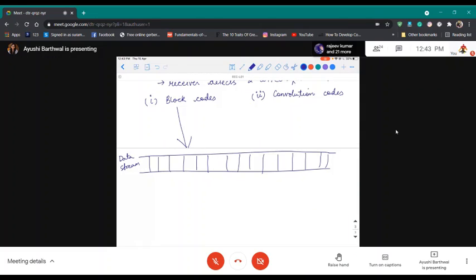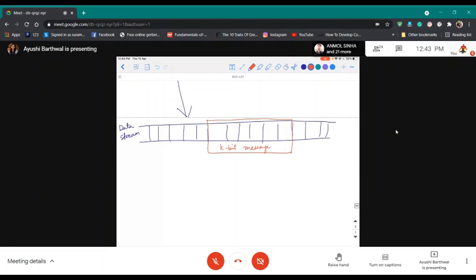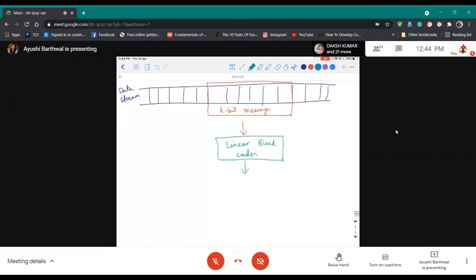It will pick a k-bit message signal from the data stream and pass it through a linear block coder, and it will convert it into an n-bit code word.